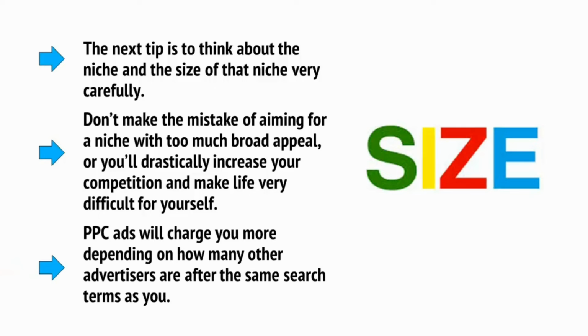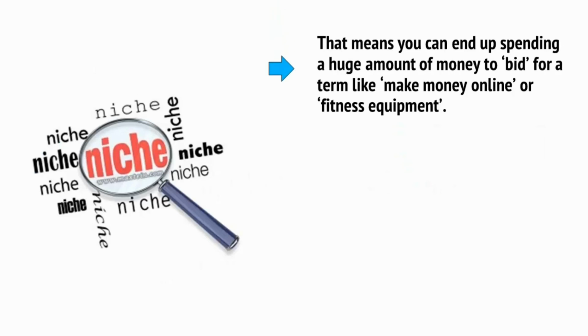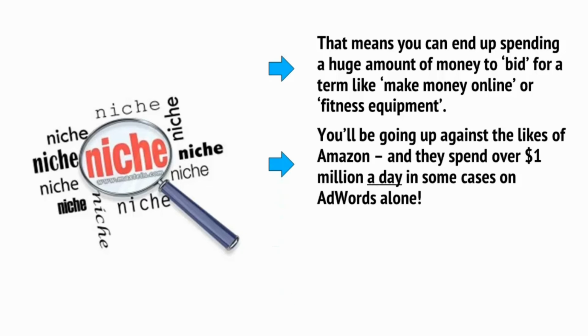PPC ads will charge you more depending on how many other advertisers are after the same search terms as you. That means you can end up spending a huge amount of money to bid for a term like make money online or fitness equipment. You'll be going up against the likes of Amazon, and they spend over $1 million a day on AdWords alone.